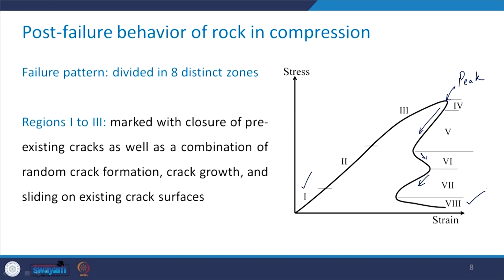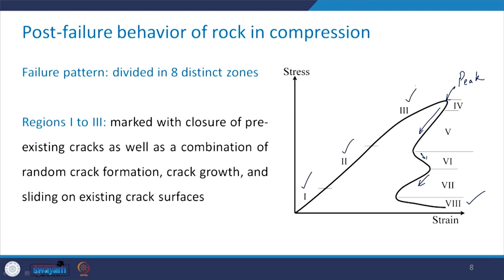Regions 1, 2, 3: what happens when you apply the load in the very beginning? When these loads are applied, some of the existing cracks close, that is, they were already there in the specimen. So, upon the application of the load, first there is some closure, then there is going to be some random crack formation, and as you keep on increasing the load those cracks will propagate.